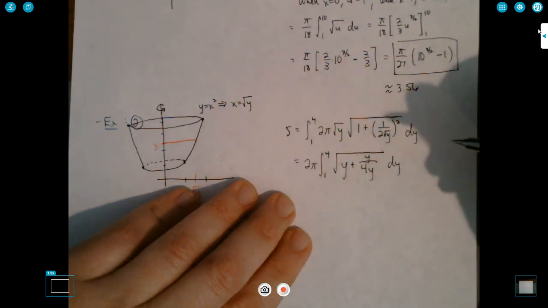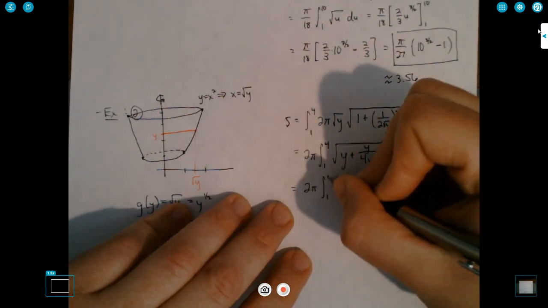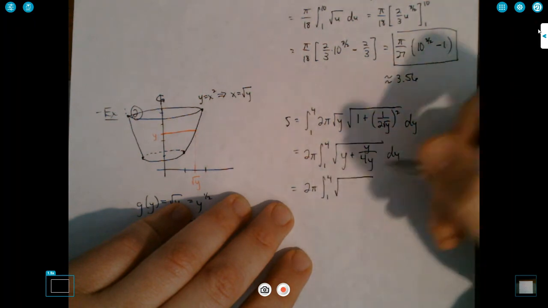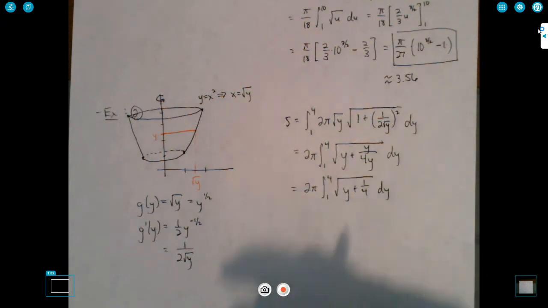Well, that's not bad at all. That's just going to be 1/4, isn't it? So this is 2 pi times the integral from 1 to 4 of the square root of y plus 1/4 dy.